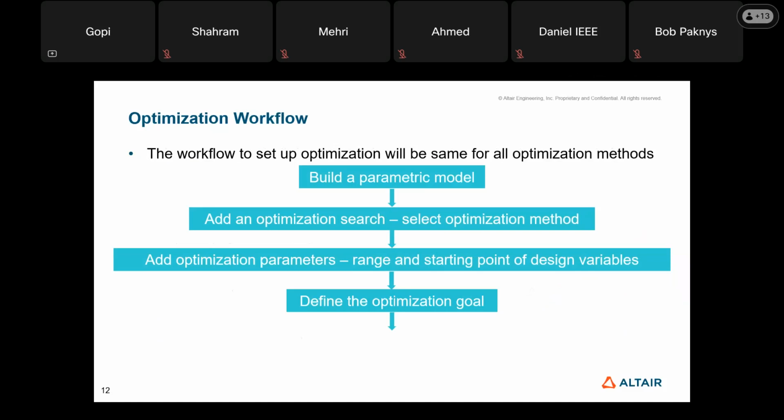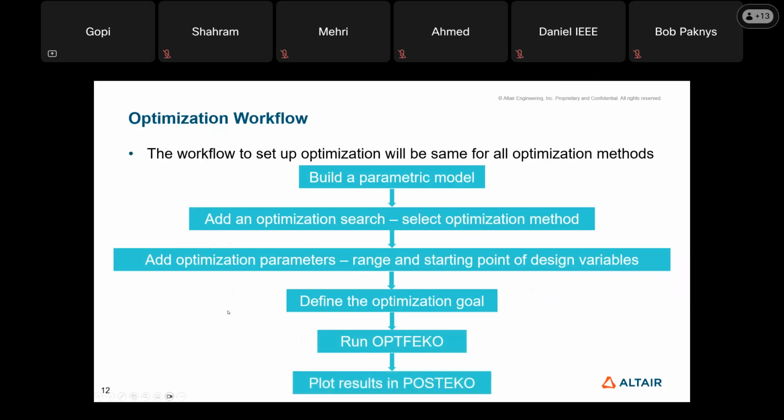In order to define a goal, depending on which quantity you are trying to optimize, you need to have a request for that quantity in your project. Using that request, you will be able to define the goal. Once you have the setup, you run OPTFEKO. Then once the optimization run is complete, you go to POSTFEKO to plot the optimization results.